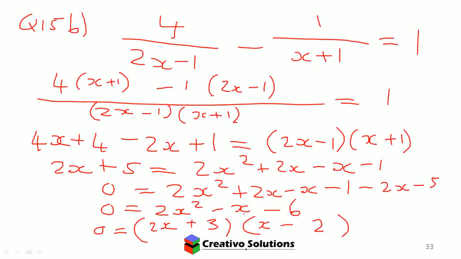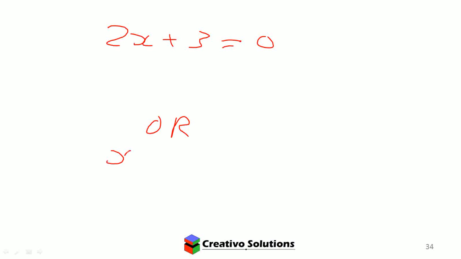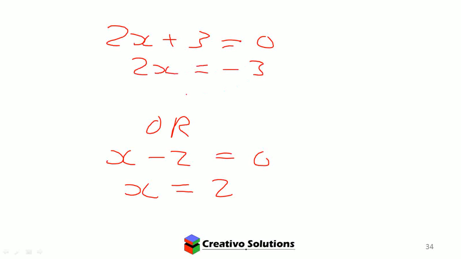So 2x plus 3 can equal 0, or the other term, x minus 2, can equal 0. So here x will equal 2, and here 2x equals minus 3, x equals minus 3 over 2.